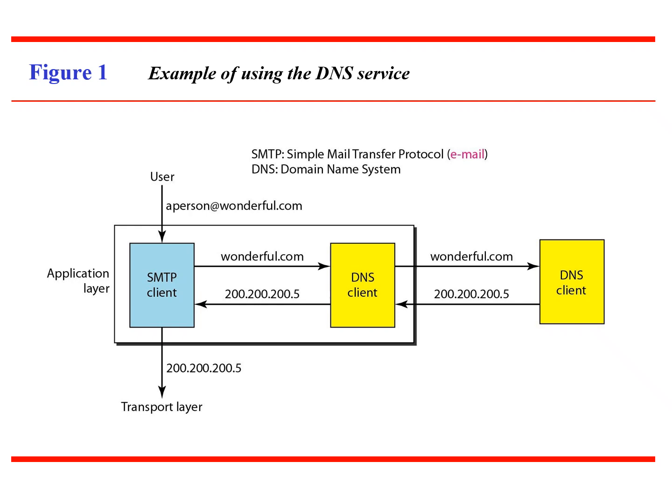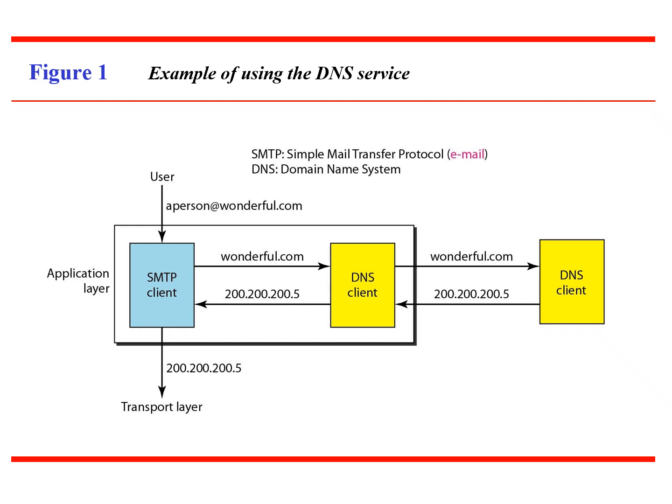Resolution means finding out the IP address of wonderful.com. If the DNS client has the IP address, it will send it to the client. In our case, the DNS client does not have the IP address, so it contacts the remote DNS server, or a remote DNS machine, where it will go and ask.